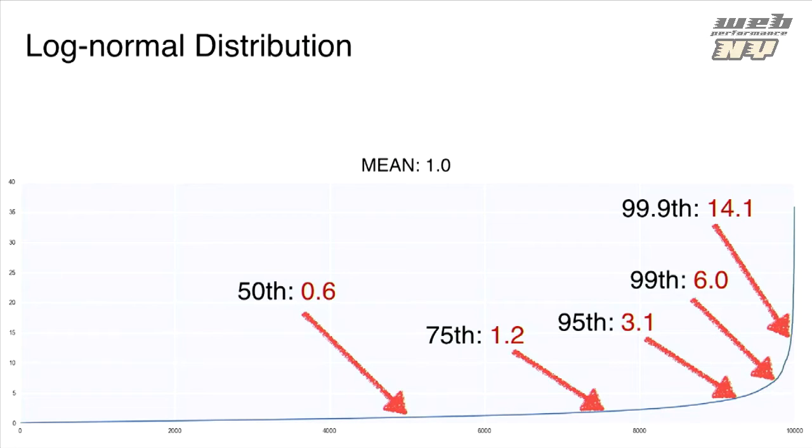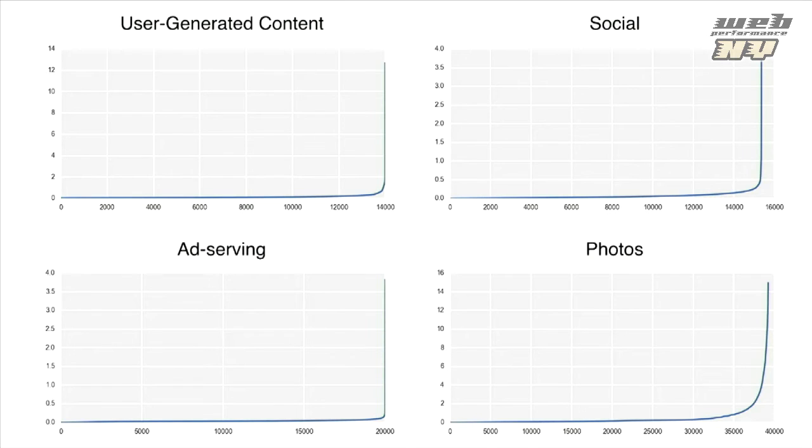I did in fact pull some data for this, and here are some examples. These are individual services. I'm certainly not going to tell you who they are, so don't ask. These are 4 different sites going through our CDN. One is a user-generated content site, and you see that exact same curve, modified with minor tweaks to the parameters.